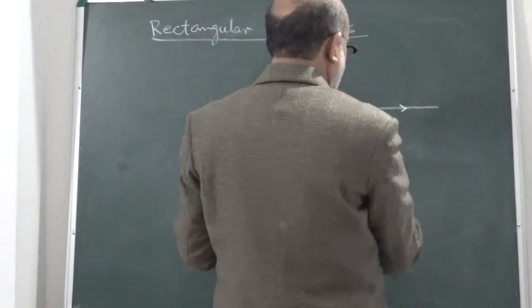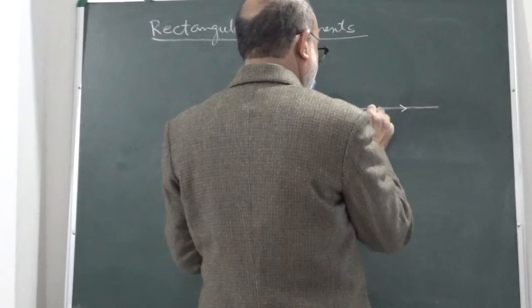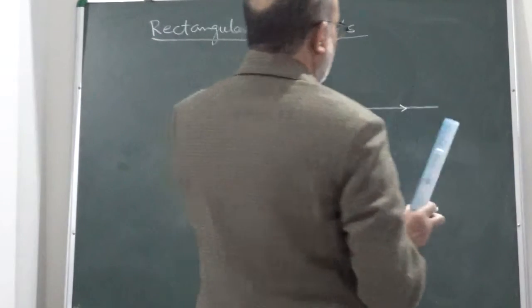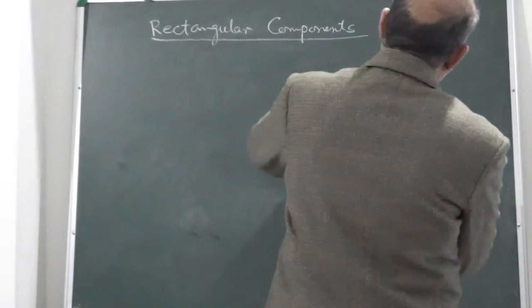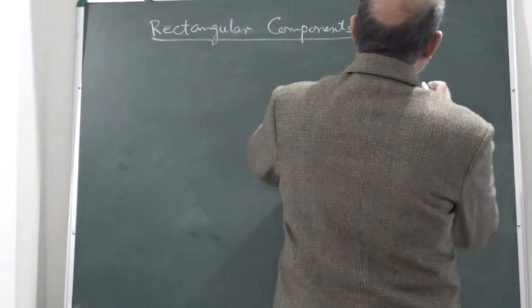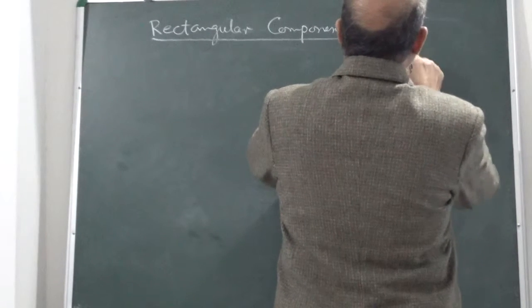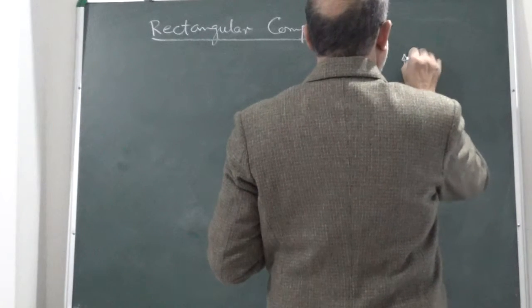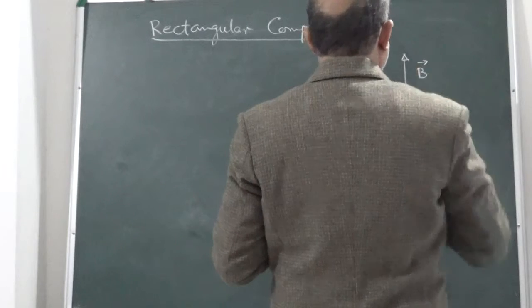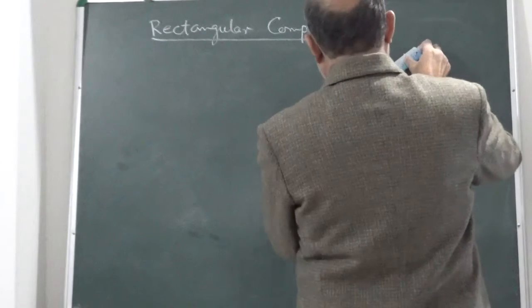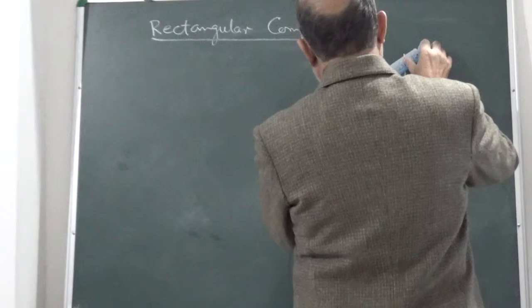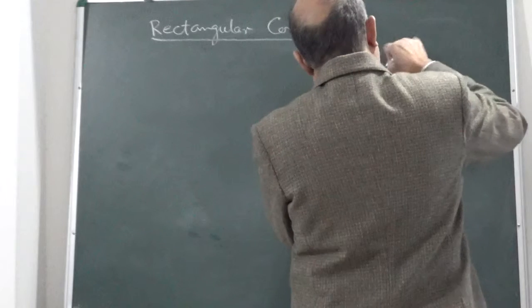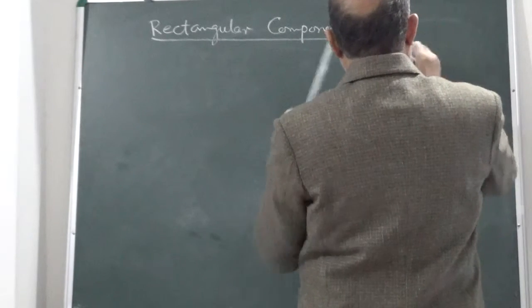This is the vector A, and there is another vector B which is along this direction. And B makes an angle 90 degree with A. Obviously the resultant of A and B will be this arrow from the tail of A to the head of B, and this is the resultant.